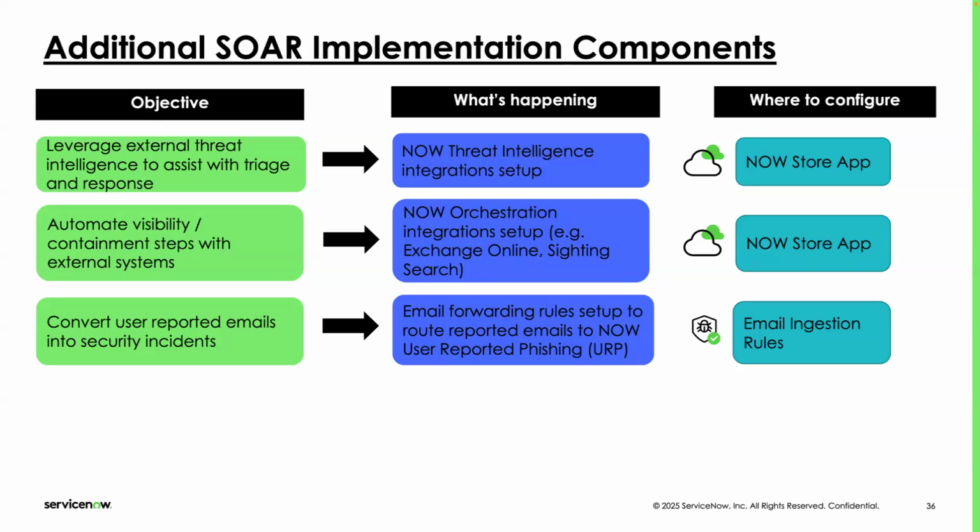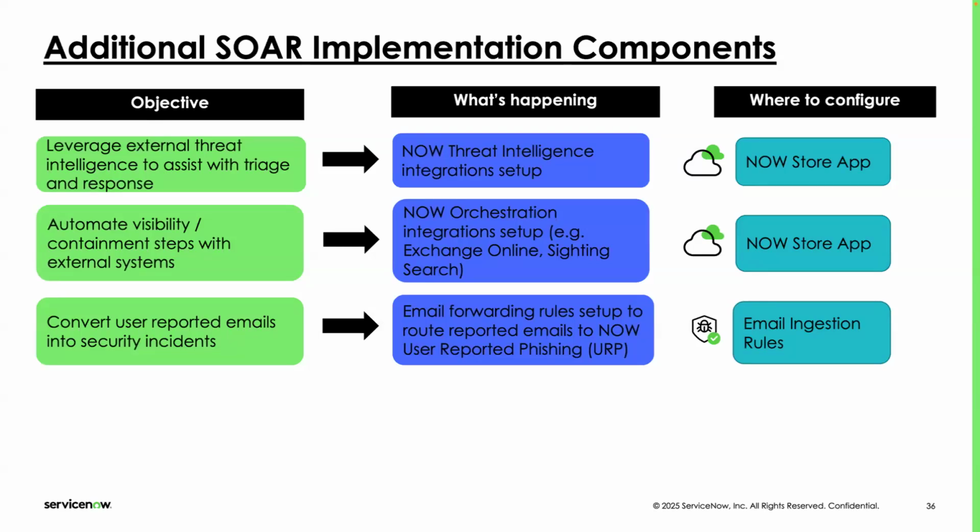On the orchestration, we have orchestration capabilities that work more in the contain phase. So things like endpoint detection tools, orchestration with email, like Exchange Online, Exchange On-Prem. Who else got this malicious email? And maybe even taking it a step further with isolating that malicious email.